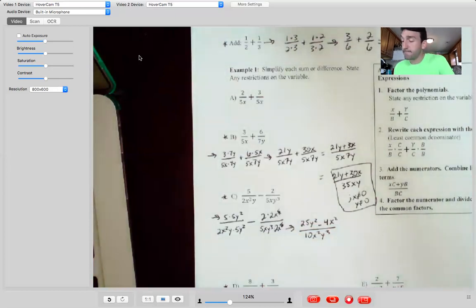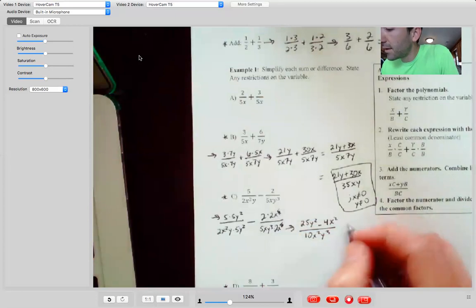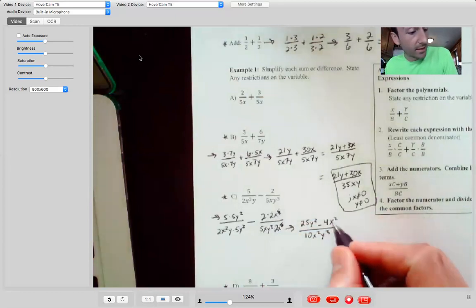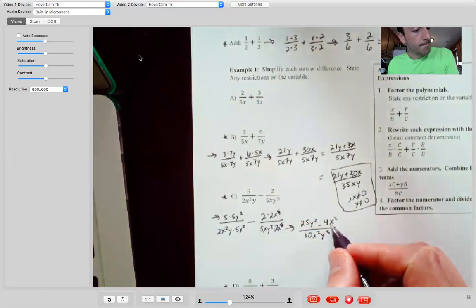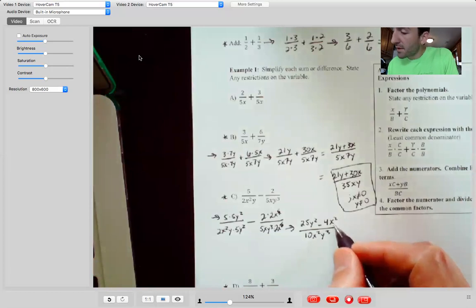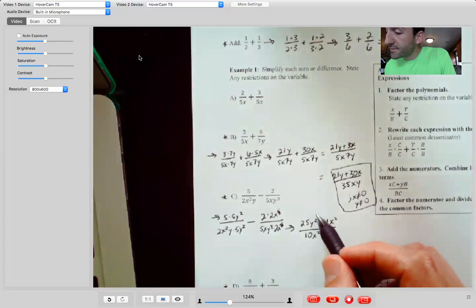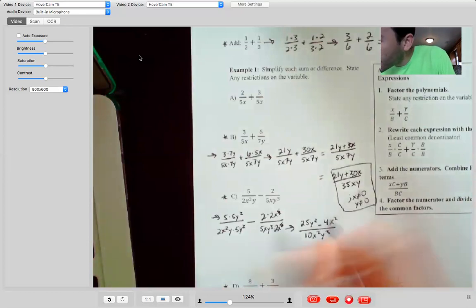There's nothing we can really simplify at this point since these aren't like terms. Well, actually, there is. We would want to make sure that's in simplest terms here. I believe it is. No, all right, I did do that wrong.